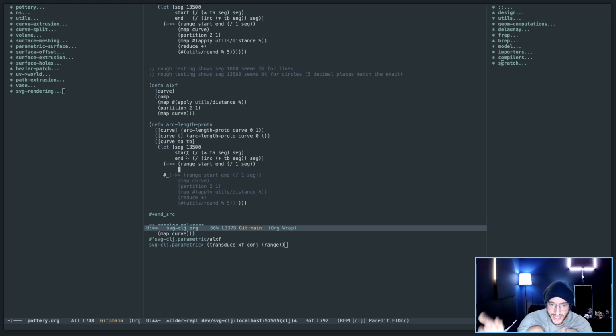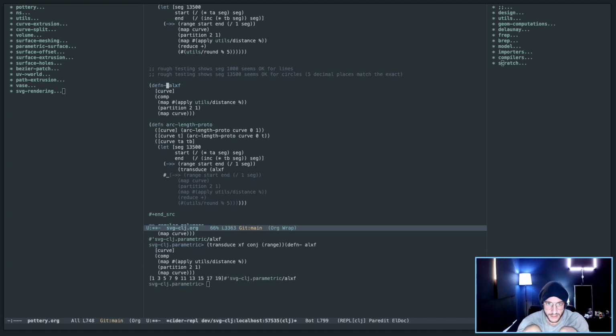And we want to run that through the result of transduce with the arc length xf. Oh, we should make this private, shouldn't we? Yeah, I think that makes sense. Okay, so the arc length transducer function requires the curve as an input because that's comped into there.